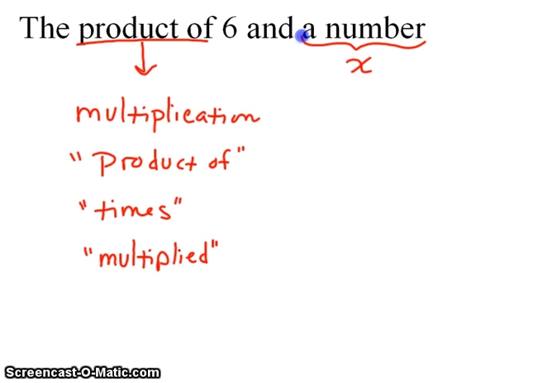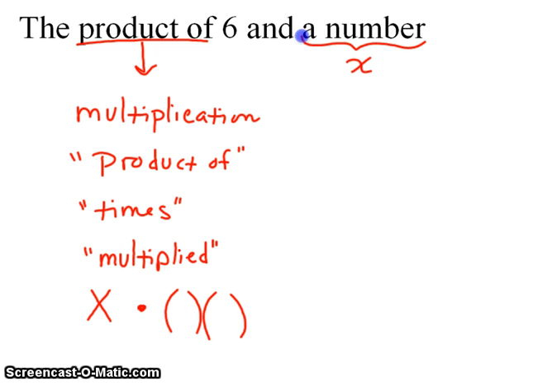The symbols for multiplication are a times symbol, or a dot, or you can use parentheses. So the product of 6 and a number. What are you multiplying together? 6 and the number.